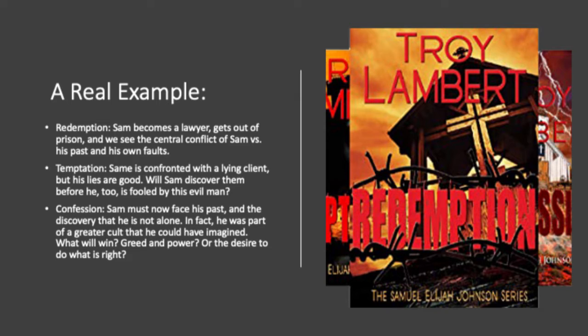There are 3 books in the series, and Redemption starts out with Sam becoming a lawyer while he's in prison, which isn't terribly plausible, but we made it work anyway. And so he gets out of prison. We see the central conflict of Sam versus his past and his own faults. And we see how he uses his strengths and his faults to help other people around him, which is really what Sam's goal is: to help other people.